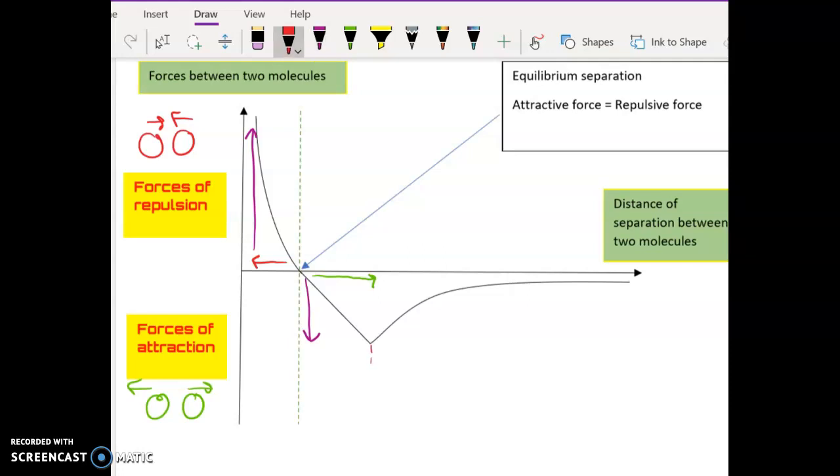What happens if we stretch the object beyond the point that I am drawing here? This is called the elastic limit. If we stretch using a force greater than the elastic limit, it does not follow the rule just now. The forces of attraction will no longer increase because the object will break.